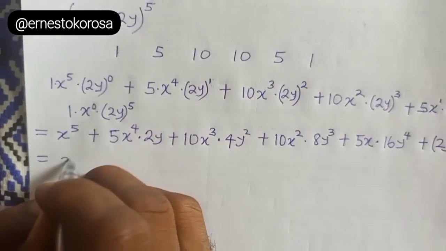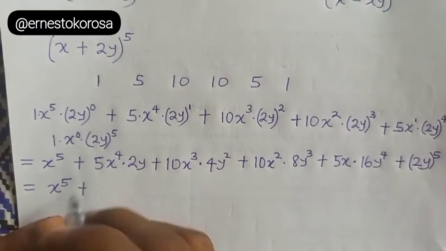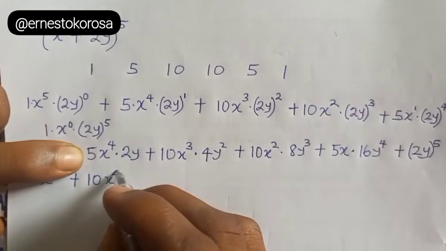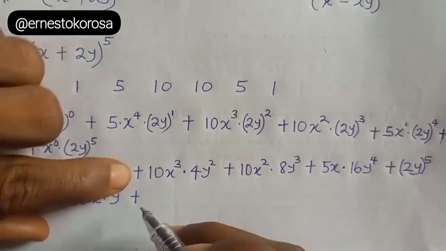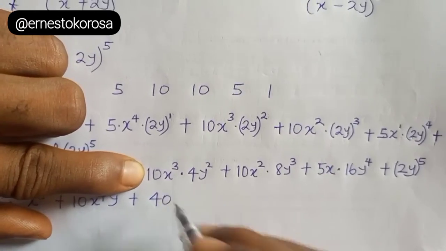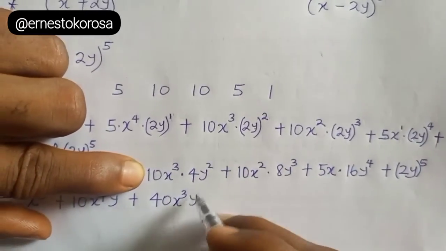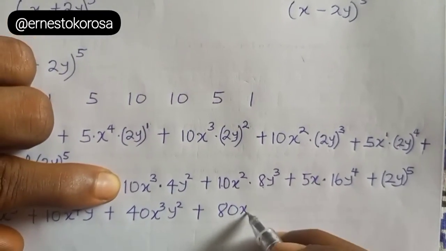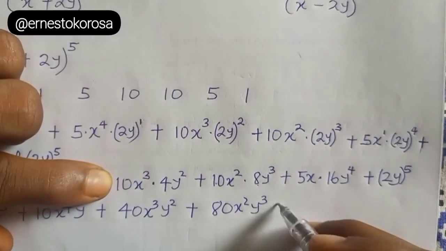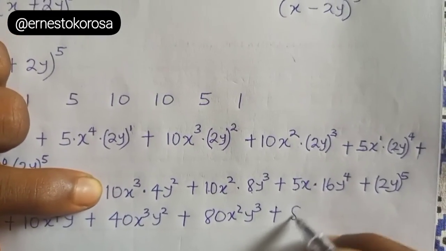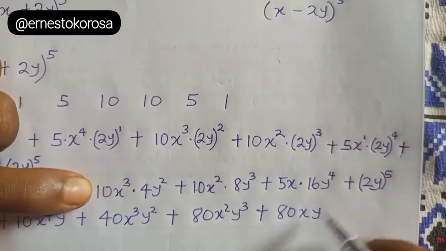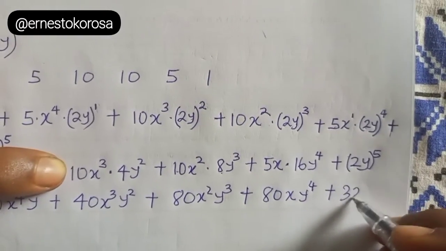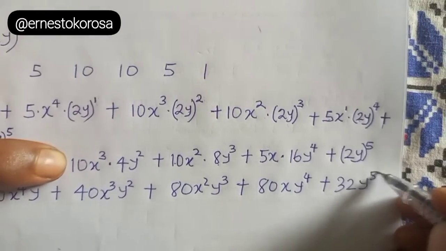So that equates to x raised to power 5 plus, watch me, 5 times 2 is 10, 10x^4y plus 10 times 4 is 40, x cubed y squared plus 10 times 8 is 80, x squared y cubed plus 5 times 16 is 80, x y^4 plus 2 to the 5th power is 32, y raised to power 5.